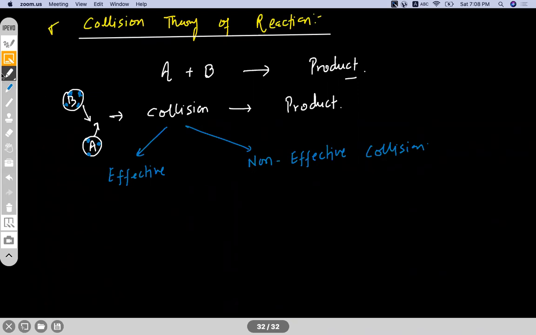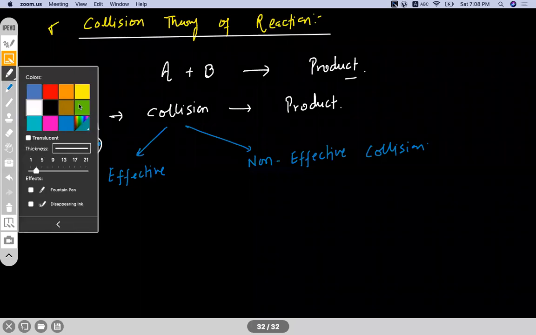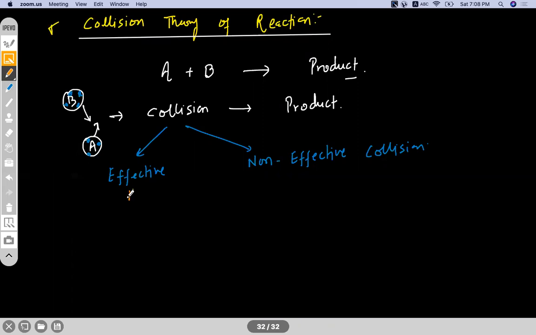We can have n number of collisions, but not all of them will give the product. In effective collision, we get product. If the collision is non-effective, then no product.